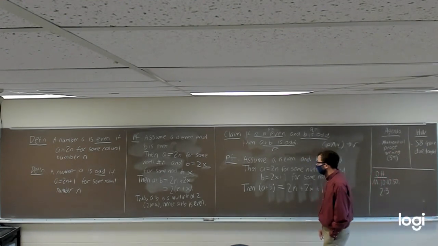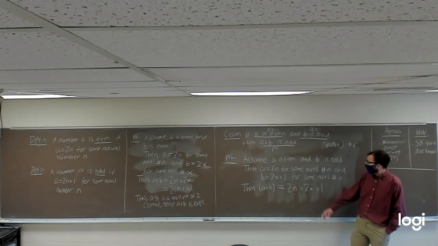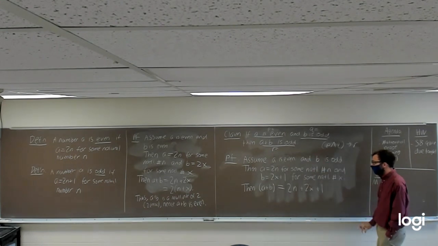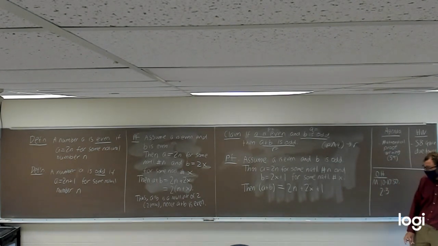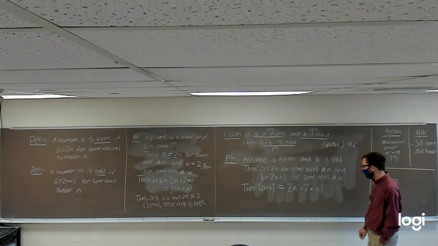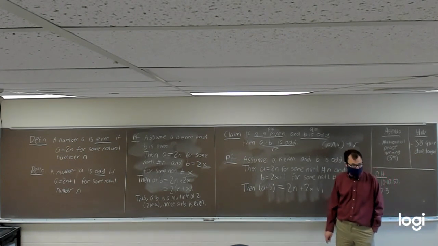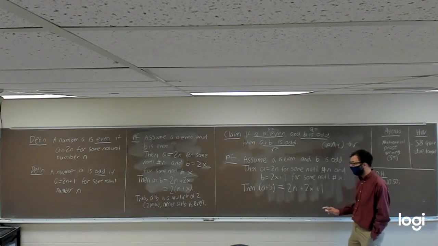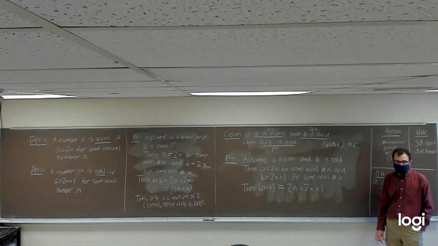So our goal, something to keep in mind, is going to be to show that A plus B has to be an odd number. So we'd like to be able to show that A plus B has to be equal to 2 times something plus 1. We want to show A plus B is 1 greater than a multiple of 2.